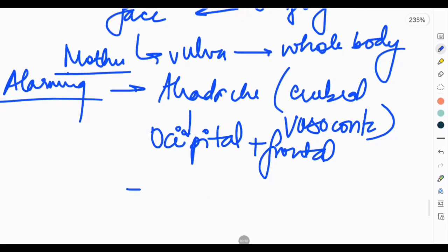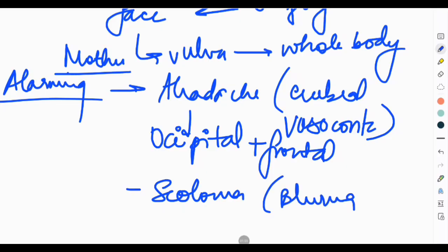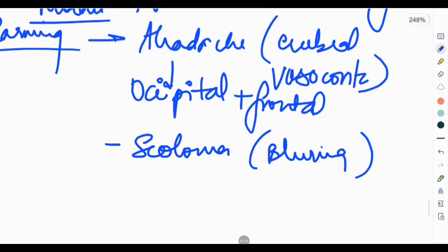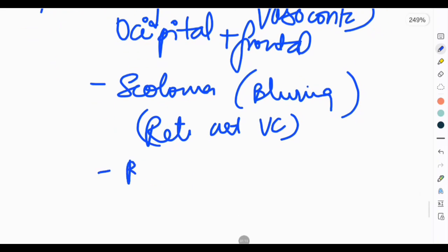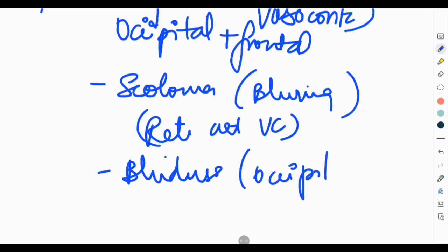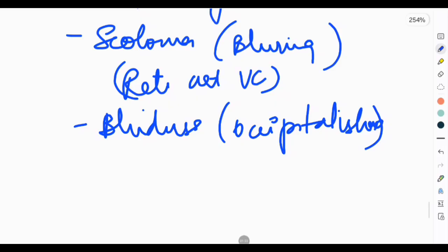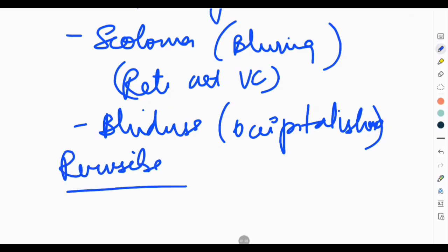Then there is scotoma, blurring of vision because of retinal arterial vasoconstriction. Then there is blindness, occipital ischemia. Then there are some irreversible symptoms, like pulmonary edema.